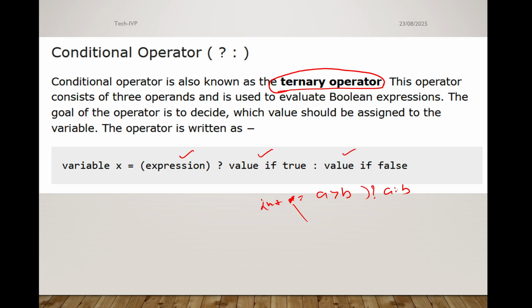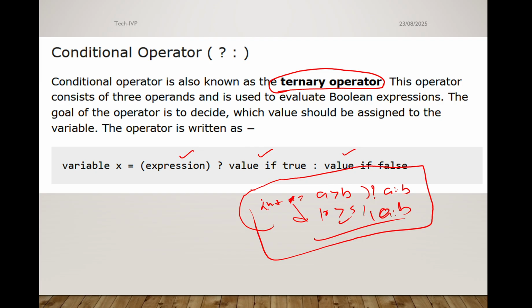The outcome: 10 greater than 5 is true, so the value of a is selected. The output will be found this way. This is called the ternary operator. So this one is the theoretical part. Let's do it practically.